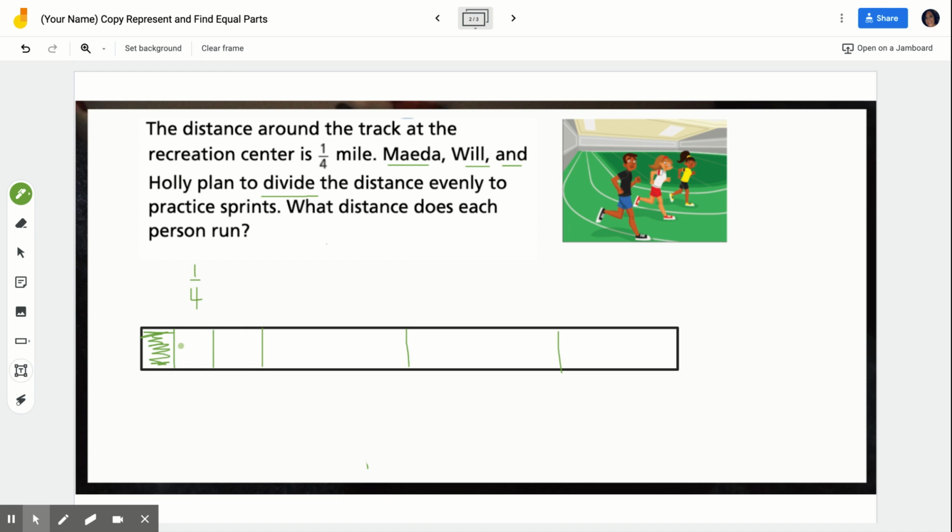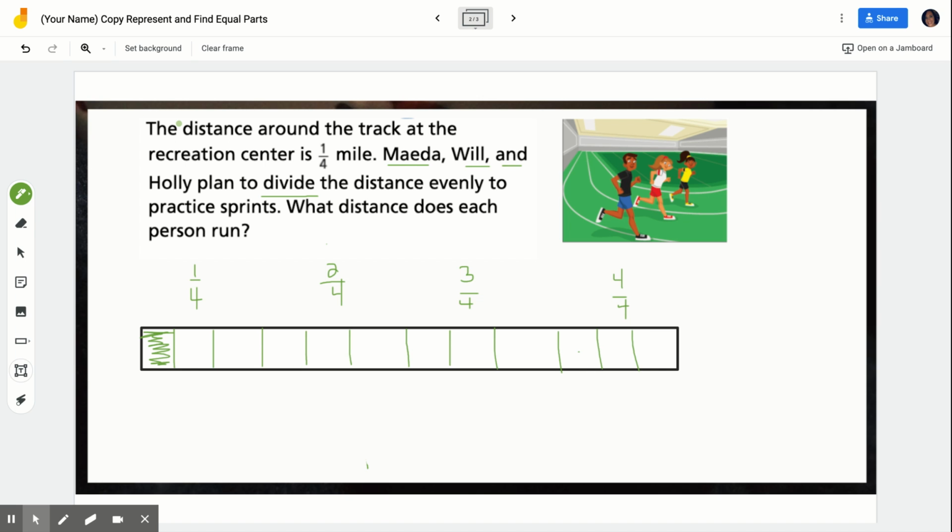Then I'm going to, since this was 3 parts, that means each piece of that mile, if this was 2/4 mile, and this represented 3/4 mile, and this was going to represent 4/4 mile, or the whole mile, I need to figure out of that mile by breaking each, if it's equally, each piece has to have 3 parts. 1, 2, 3, and 1, 2, 3.